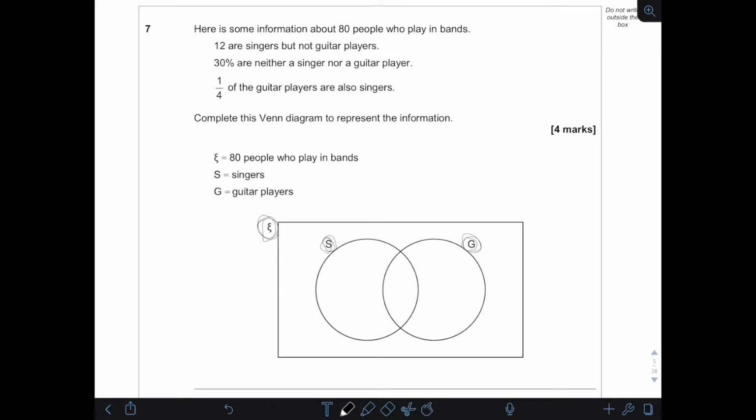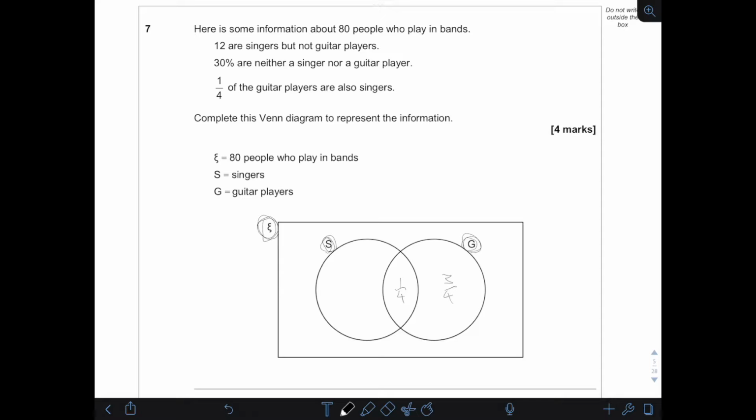So let's start with the information that was given. There are a quarter of guitar players who are singers, which means that there are 1/4 in here and 3/4 in here, and they add up to 1 within the guitarists. And we know that 30% of them are neither singer nor guitar players.